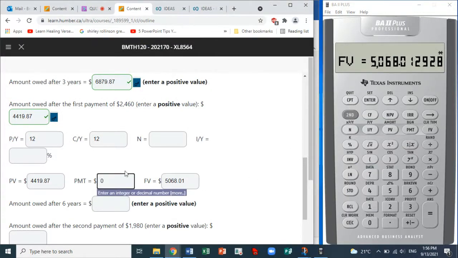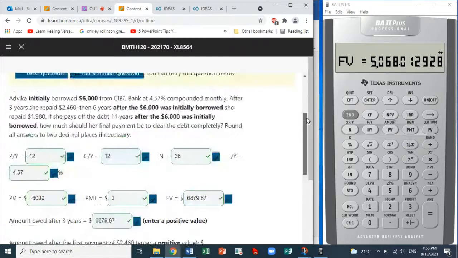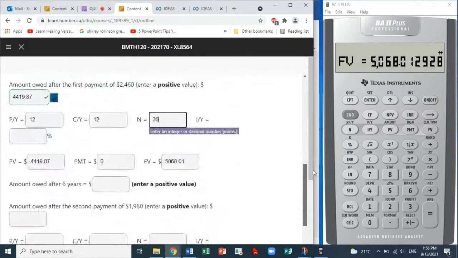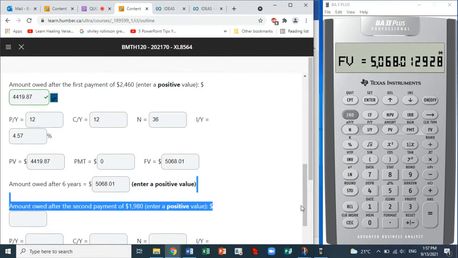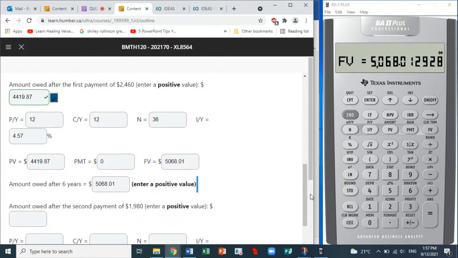Payment is still 0, and because it's another 3 years, this will also be 36. This number here will not change, so the interest rate is still 4.57. So the amount owing after 6 years is indeed 5068.01.